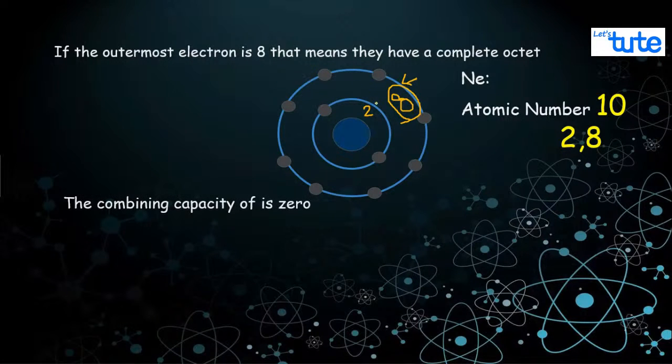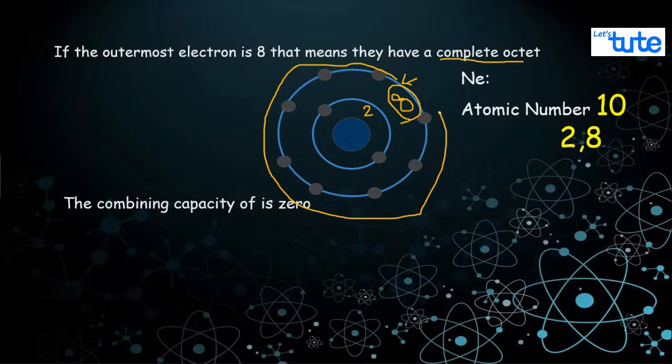So the combining capacity, what I was explaining, is that it has a complete octet. So there are no electrons to be occupied, or it cannot have any more electrons in this orbit. So the capacity of it taking any electron or giving any electron is actually zero, because it has a complete octet.